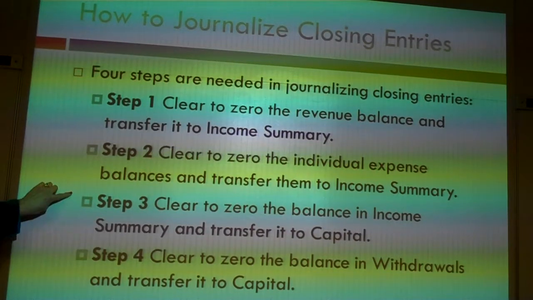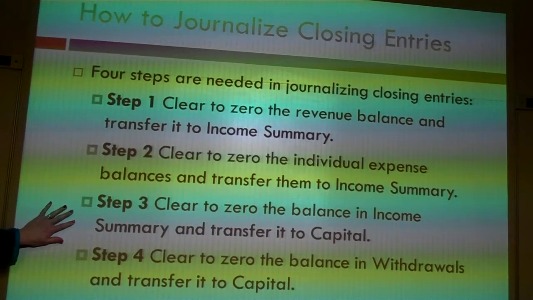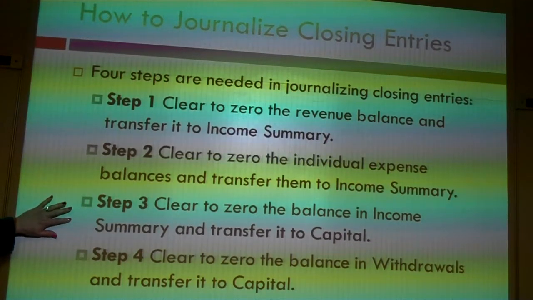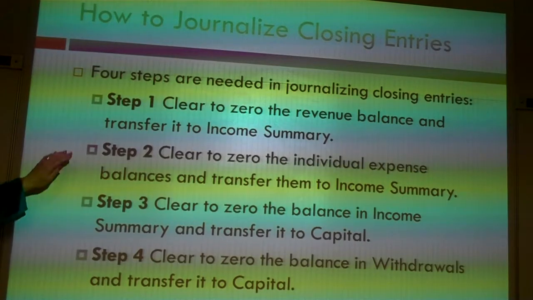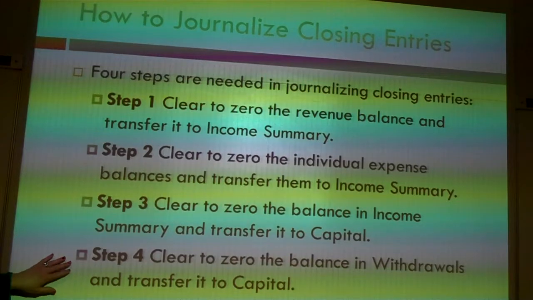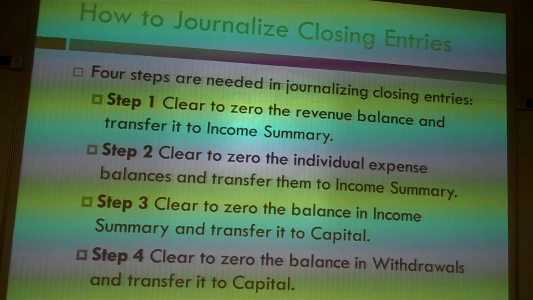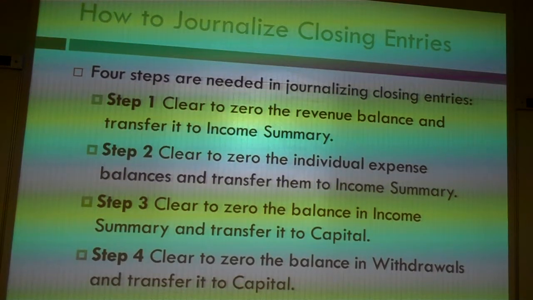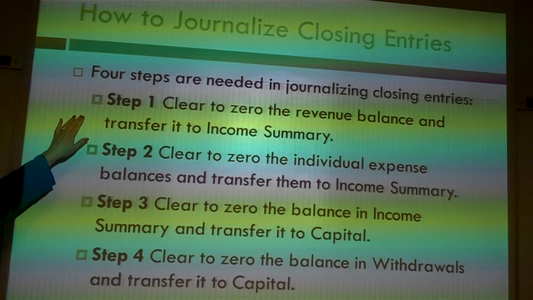When we close income summary, since it does not have a normal balance, we can close it with either a credit or a debit. We won't know until we post these two. When we close the withdrawal account, it has a normal balance on what side? On the debit. How would we bring the withdrawal to a zero? With a credit. How are we going to bring the revenue account to a zero?